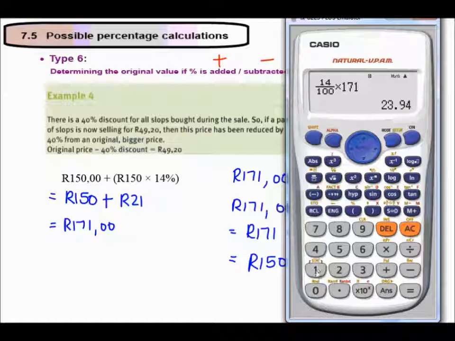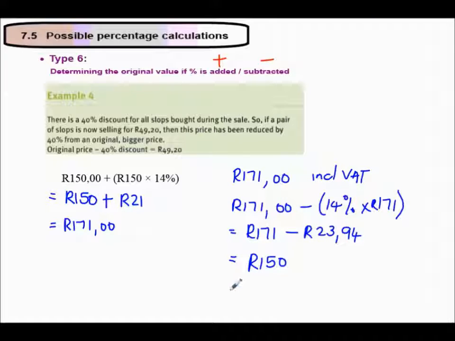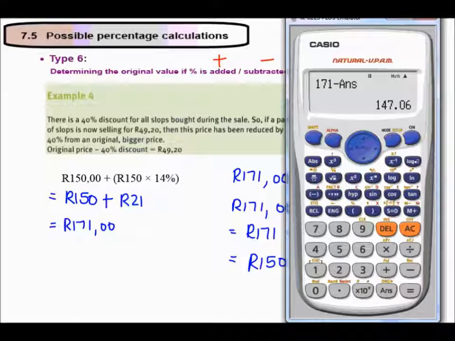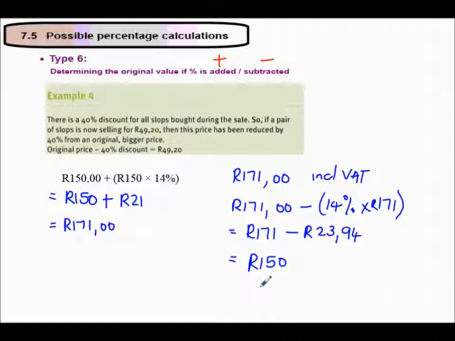So if I take 171 Rand minus the answer that I got equals 147.06. Do you see that these two do not equal the same value? So this method here is totally incorrect.